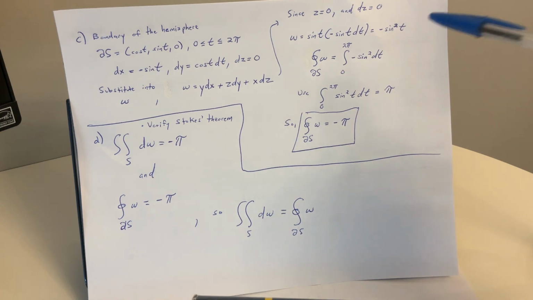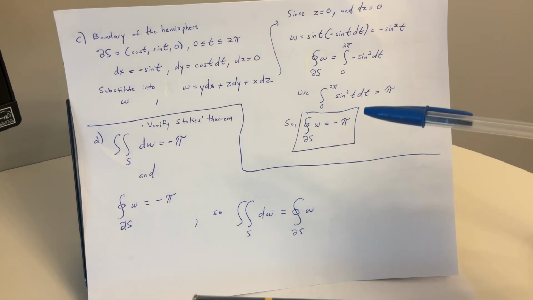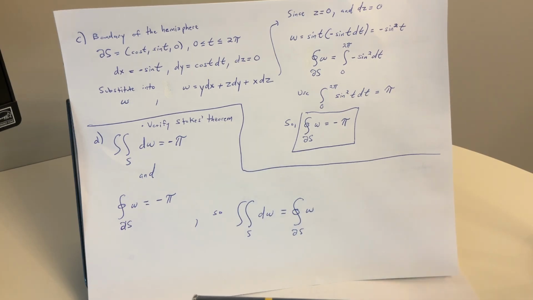So that gives you negative sine squared t. If we integrate this from 0 to 2 pi, we could use the integral of sine squared of t dt, and if we integrate that, we wind up with pi. So it's just going to be the opposite value of that, in this situation, negative pi.